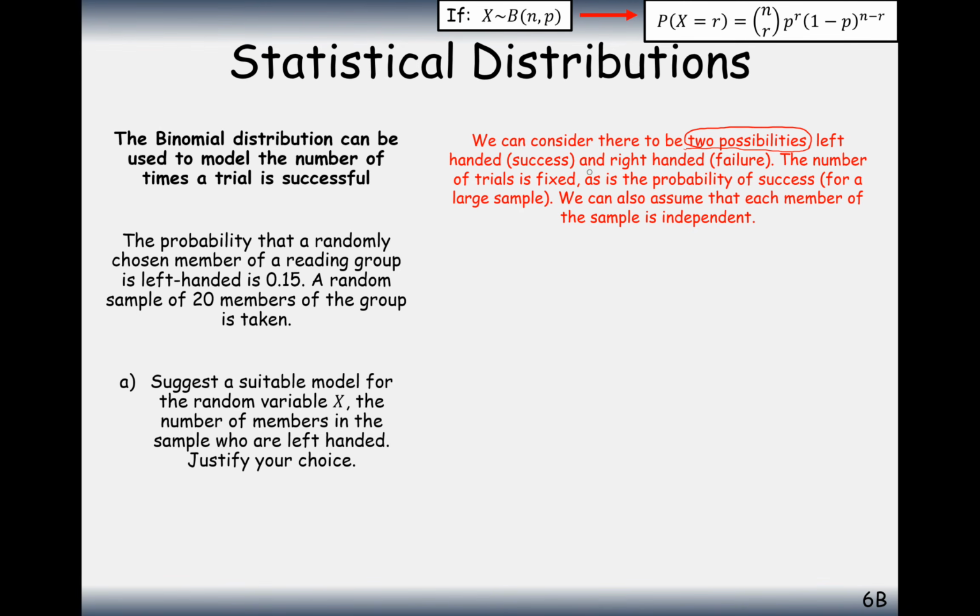Check that there is a fixed number of trials, and that each member in the sample is independent. Those are your 3 key points there. Fixed number of trials, 2 possibilities with given outcomes, with given probabilities, and sample is independent. So therefore, x can be modelled as B(20, 0.15).